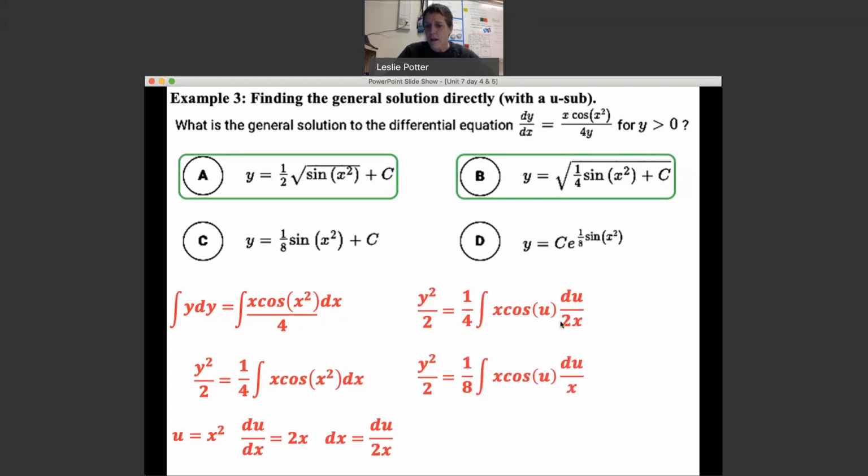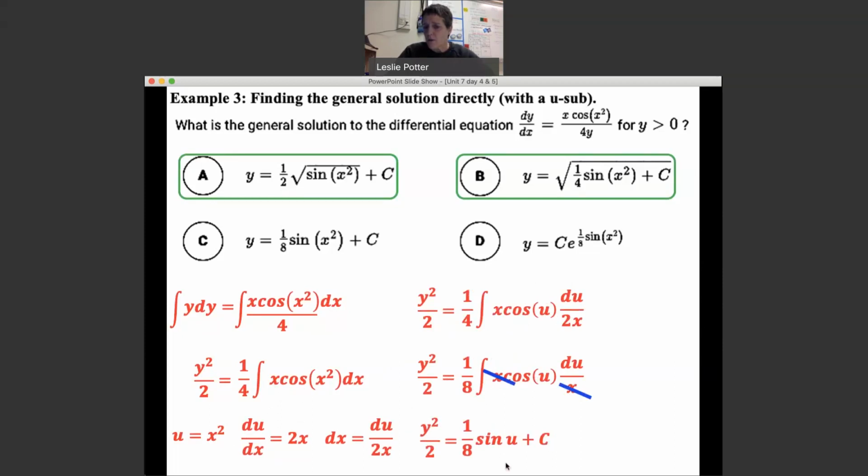I'm also going to factor out the half because we have a 2 in the denominator. So x cosine u du over x, we can move those x's, and I have that. All right, I'm going to integrate my cosine, give it a sine, and put my plus c over here.